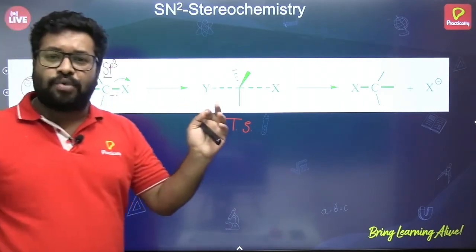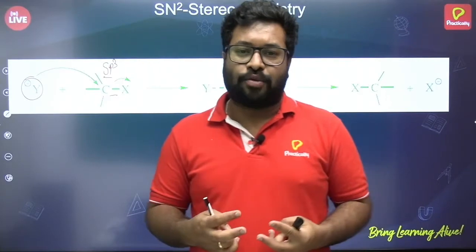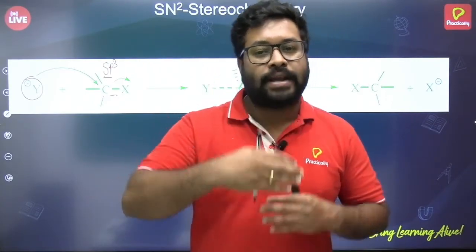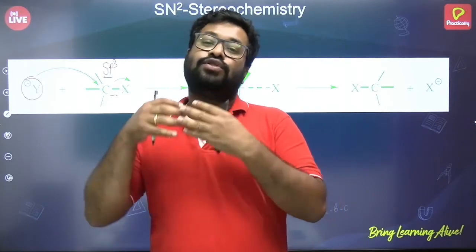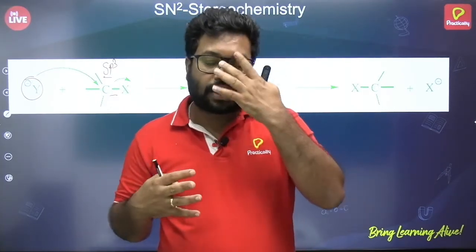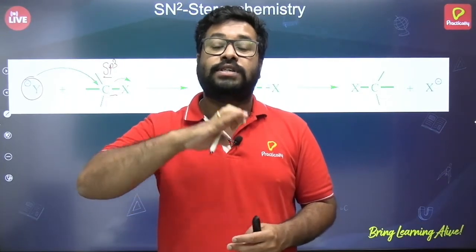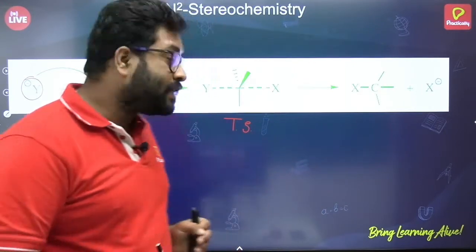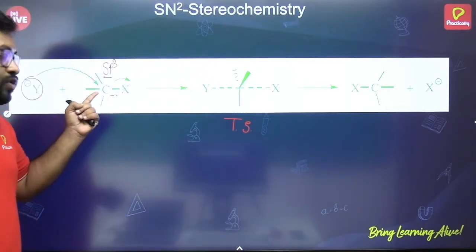We had seen in MOT that every bond has two types of orbital: bonding molecular orbital and anti-bonding molecular orbital. So whenever electrons go into the bonding molecular orbital, the bond strengthens. Whenever electrons are getting deposited into the anti-bonding molecular orbital, the bond starts weakening. So what has started happening here is that Y started forming a bond with your carbon.